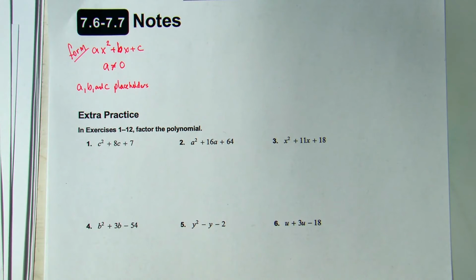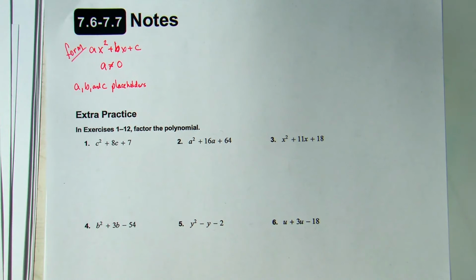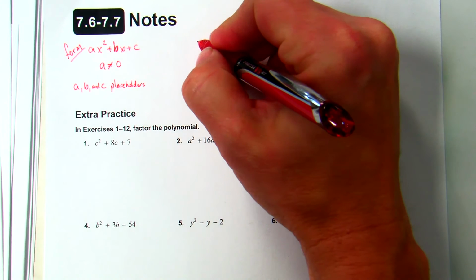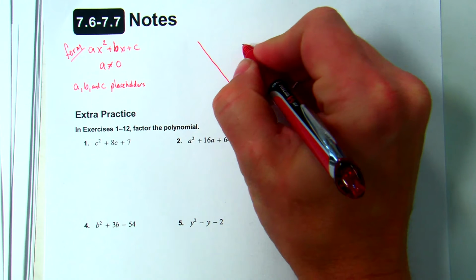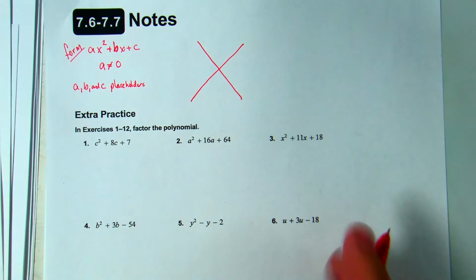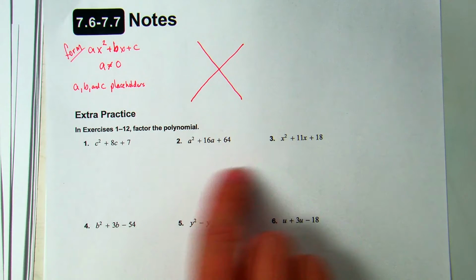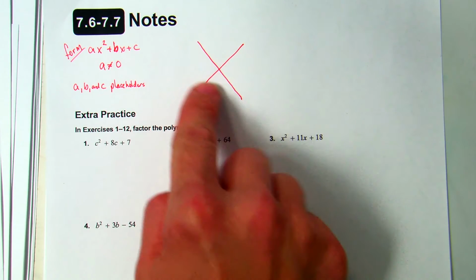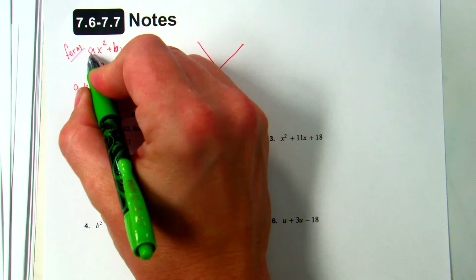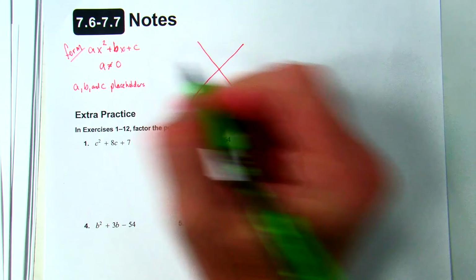All right, so now, how are we going to factor these trinomials? That's a good question, so I'm going to answer that question for you with this large X. We'll do a little smaller one when we get to the problems. On the top, we're going to put certain terms around in the spaces of the X. On the top, we're going to put the A times the C term.